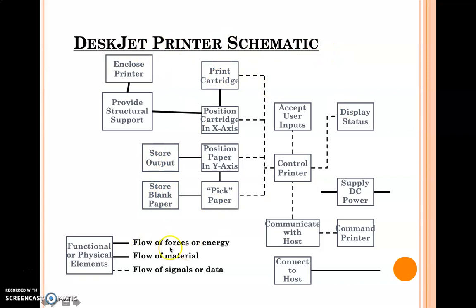The flow of material and energy is depicted by this dark line, the flow of forces by a darker line, and the flow of signals by dotted lines. As you can see in the picture, these are the elements or functions like enclose printer, provide structural support, printer cartridge, and these are the signals. With the help of this, you can also draw a schematic diagram of the printer you have at your home or office.